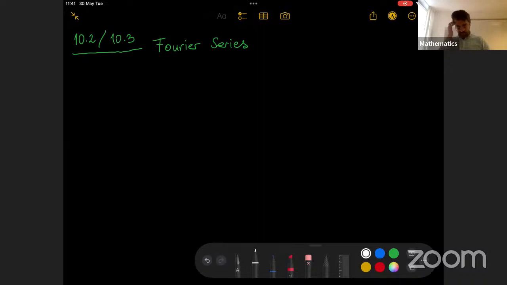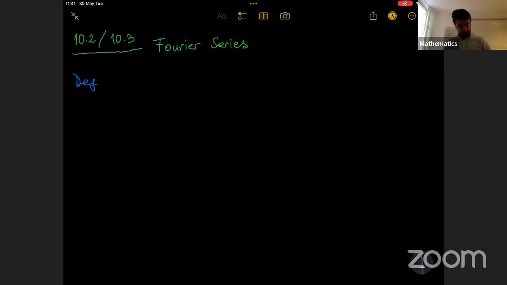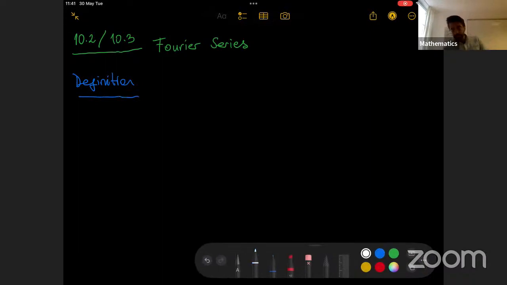Well, let's define first what a periodic function is. Here is the definition. A function is called periodic, as you can guess.